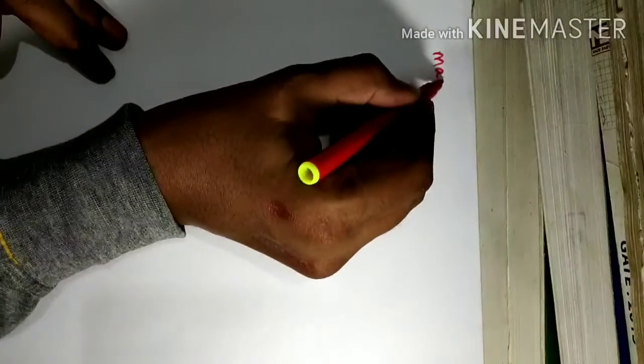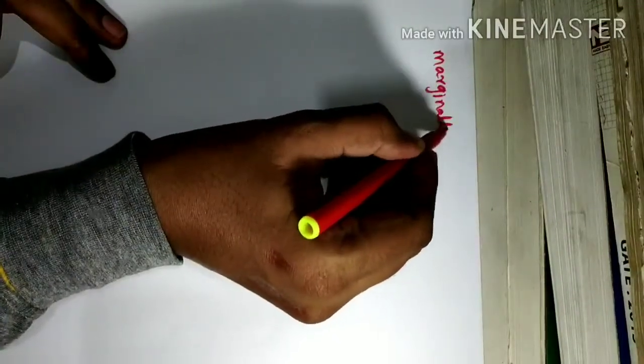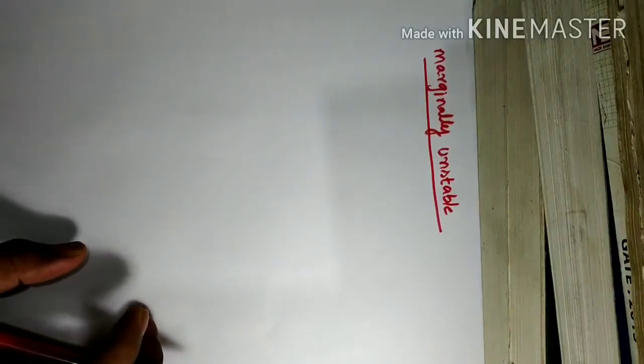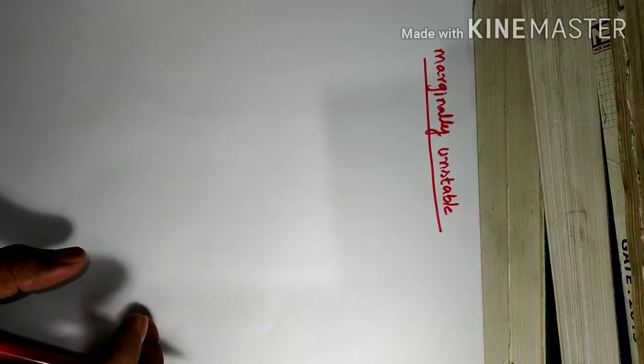Marginally stable means the system which we define in this way: all the characteristic roots are in the left half of the S plane, but there are simple roots on the imaginary axis.